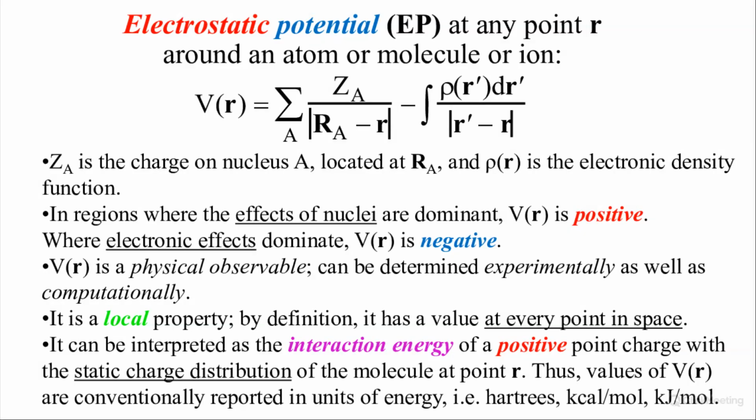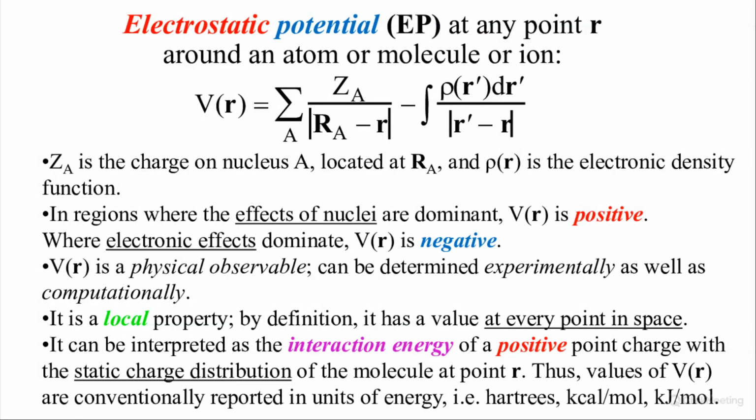It's a local property, and I say here that it has a value at every point in space, but that is not absolutely correct because it's not defined at the positions of the nuclei because you can't divide by 0. But anyway, that comes into play in some of the early work done with the electrostatic potential.